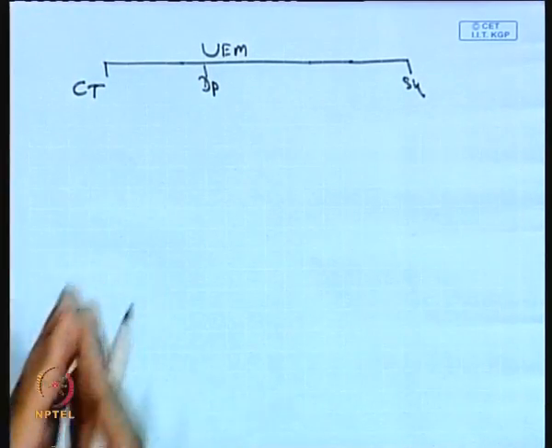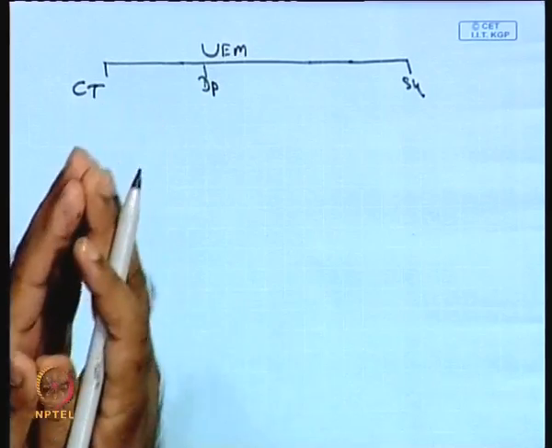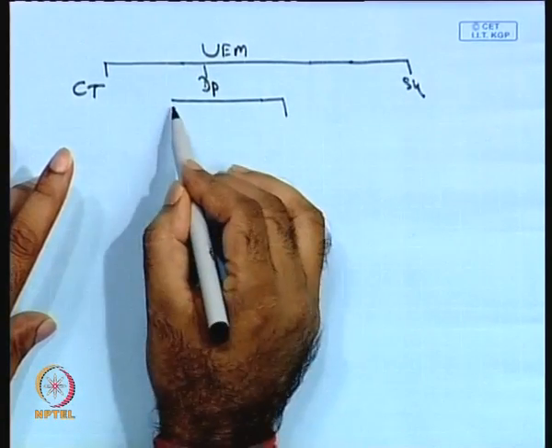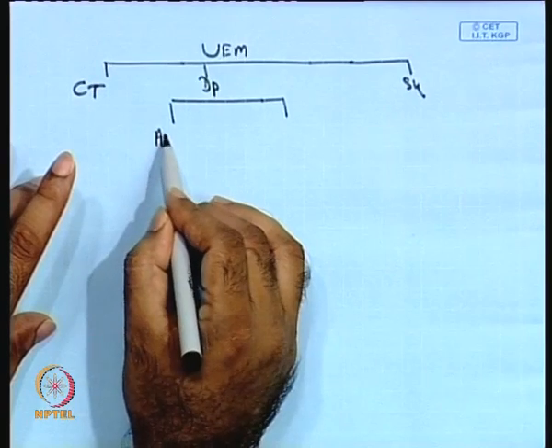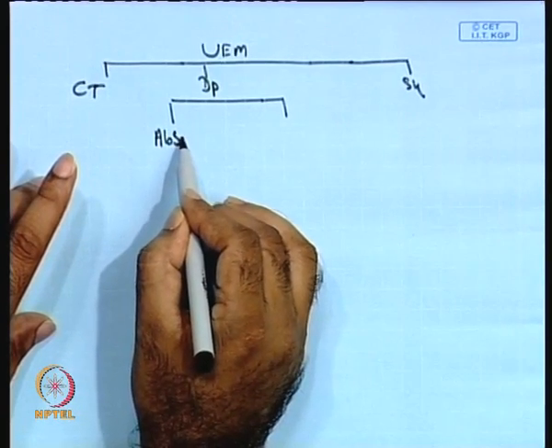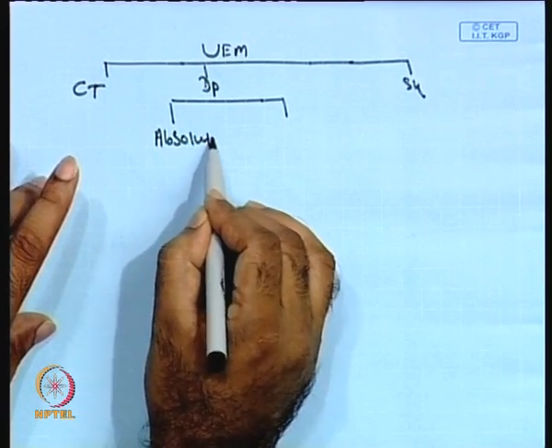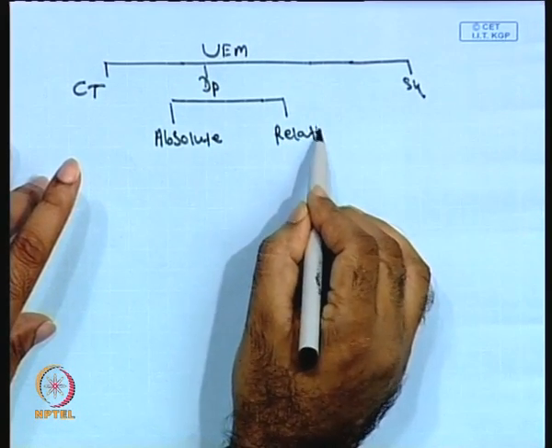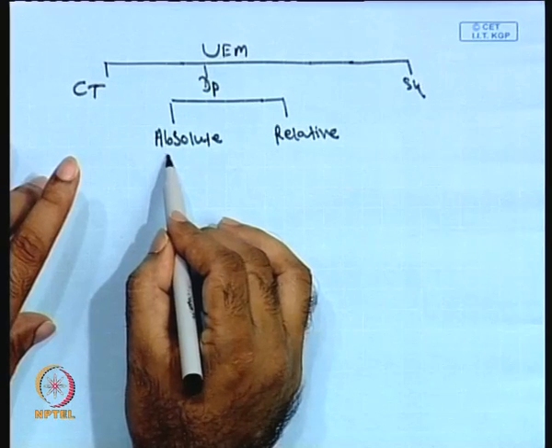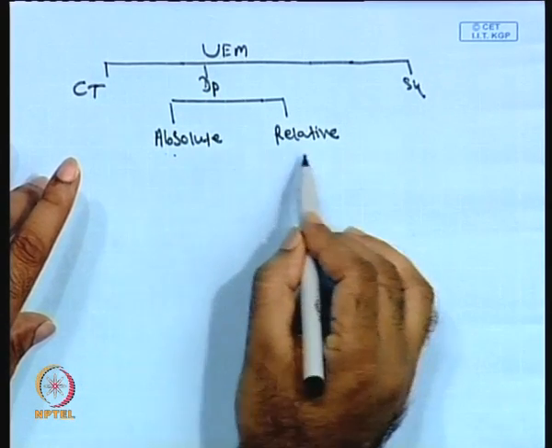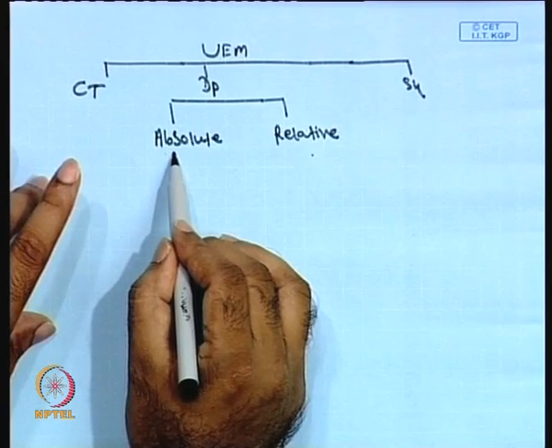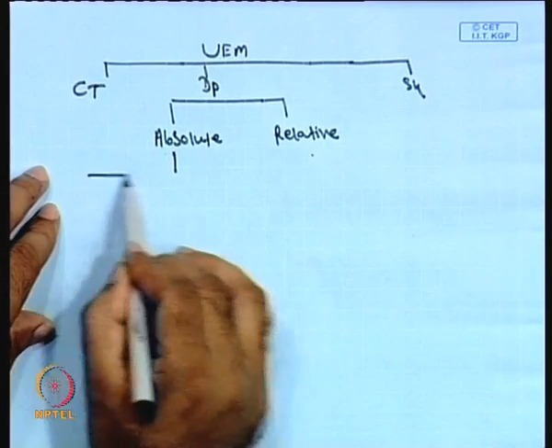As far as dispersion is concerned, we have two different structures: absolute measures of dispersion and relative measures of dispersion. Under absolute measures of dispersion, we have a series of techniques.